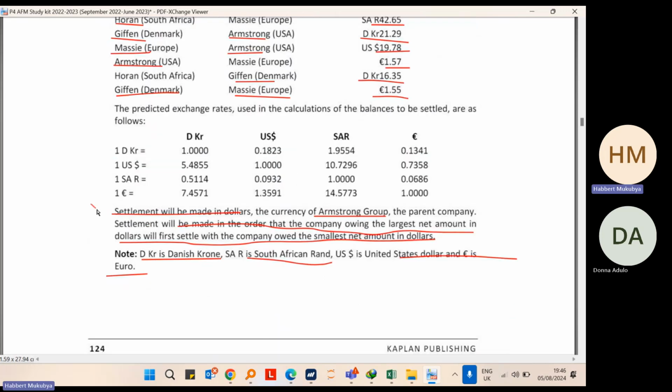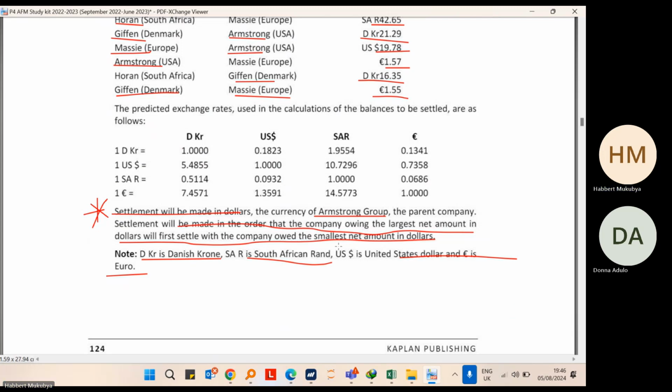So this is what that statement says. Everything, because the group is going to have to pay in dollars, so it will have to settle in dollars, and it will be made in the order that the company owing the largest net amount in dollars first settles with the company owed the smallest net amount in dollars.